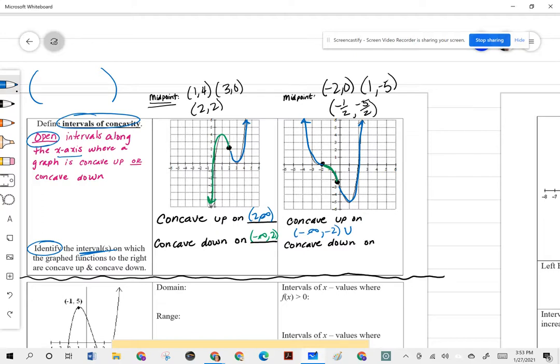And then it is also concave up on (-1/2, ∞). Again, it's always the x. So now I'm going to change to green. Concave down on the interval from -2 to -1/2.